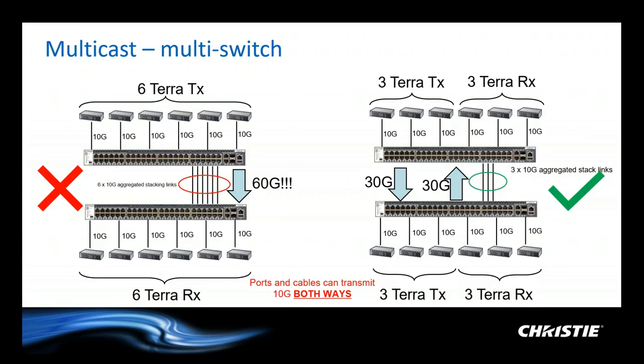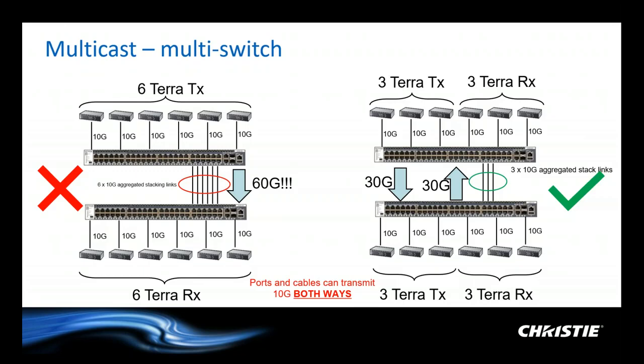So you're going to need a 60 gigabyte link between those two switches, so that you have enough bandwidth for potentially each separate receiver subscribing to each separate transmitter. Each transmitter would be sending out 10G, and each receiver would potentially be subscribing to a different transmitter, and so potentially receiving 10 gigabytes.